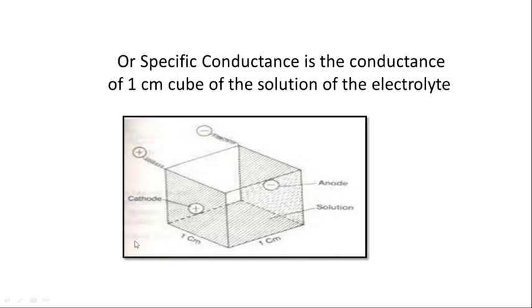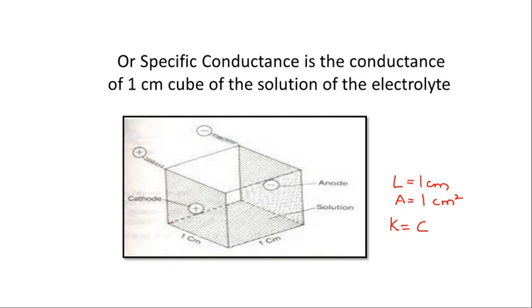In other words, what we have defined is the length is 1 centimeter and area of cross section is 1 centimeter square, or 1 square centimeter. Then specific conductance is equal to conductance.